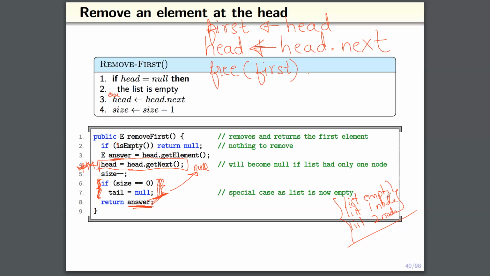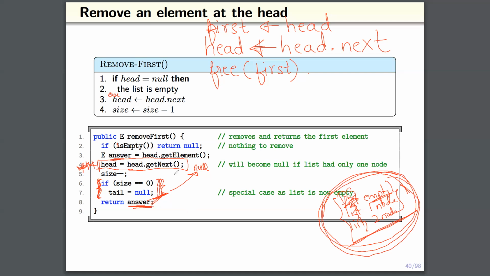Not only in lists, in general, in the future, whenever you are working with data structures, if the data structure is empty, what do you need to do? If it has one element, what do you need to do? If it has two elements, what do you need to do? So these are the corner cases. Maybe you need to apply some special logic here. So always take care of all these things, else it will lead to bugs.